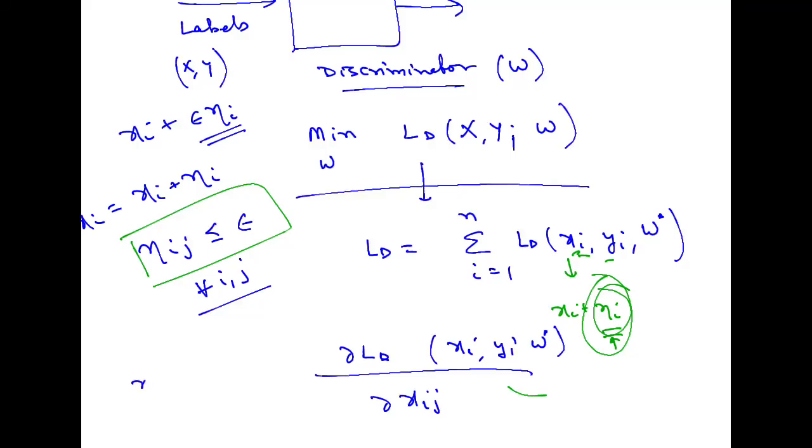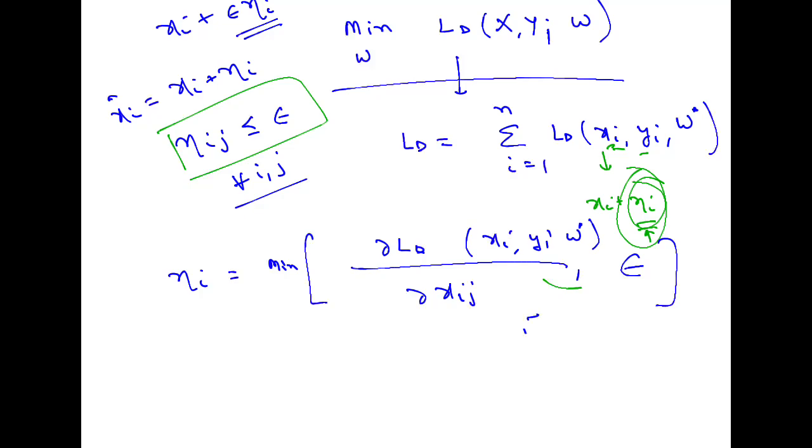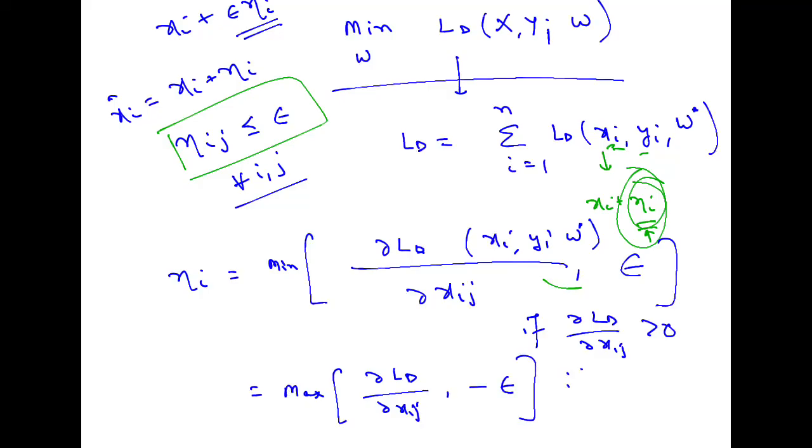And you say eta i is min of this comma epsilon if del L_D by del x_ij is greater than 0, and this is max of minus epsilon if del L_D by del x_ij is less than 0.